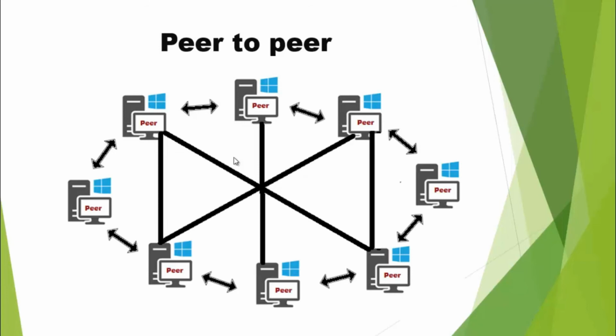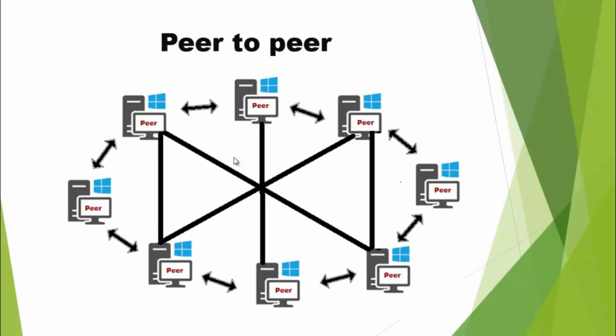If you are going to design a peer-to-peer network for a large number of computers, it will be difficult to manage because it will become too complex. If you design it for more than 10 computers, it will be complex to manage all the computers, and it will be very difficult for you to remove errors when they occur between these computers.